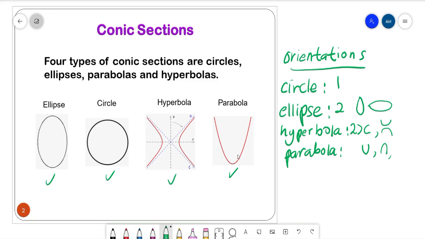We have a parabola facing to the right like that, and also a parabola facing to the left, like this. So how many orientations do we have for a parabola? 1, 2, 3, 4. Therefore, we have 4 orientations. There are actually many more orientations according to angle, but we are not going to consider that. In an algebra course, we usually talk about parabolas with 4 orientations: facing up, facing down, facing to the right, and facing to the left.